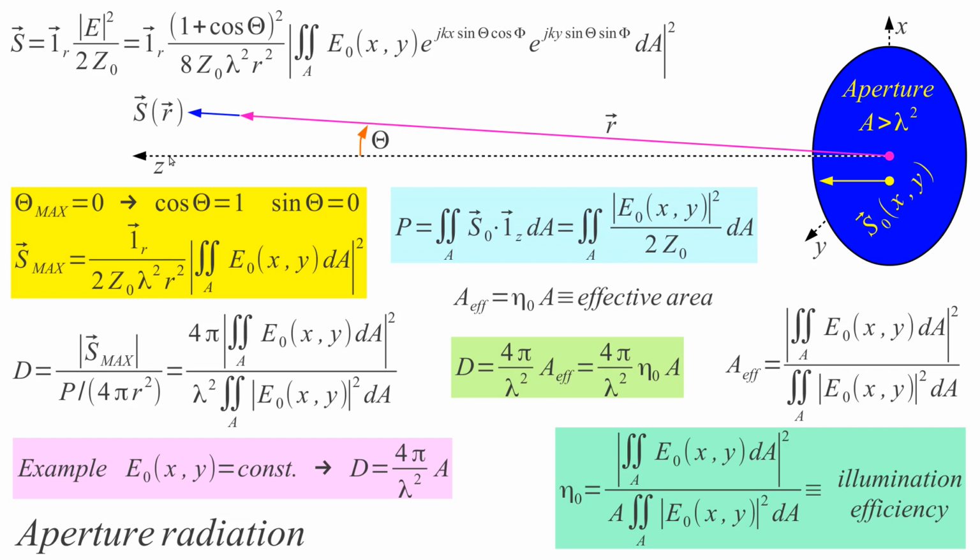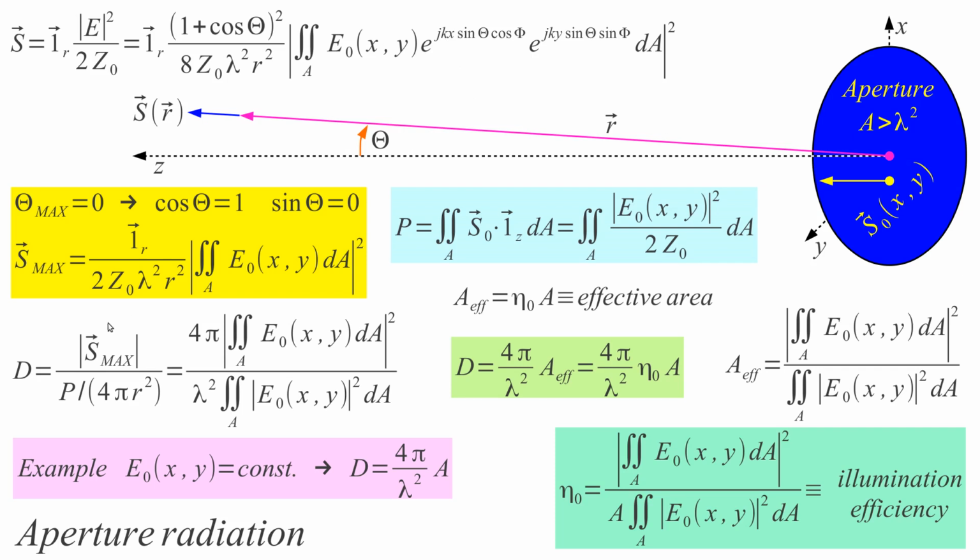The beam is maximum on the z-axis when these two are zeros, but the beam will decay off axis because of these two terms. These two terms integrated give a result in the form of sine x over x, or J1 of x over x if it's circular geometry, if it's a circular aperture. So I can make my beam arbitrarily narrow by increasing A, by increasing the surface.